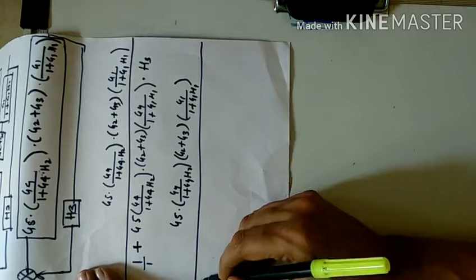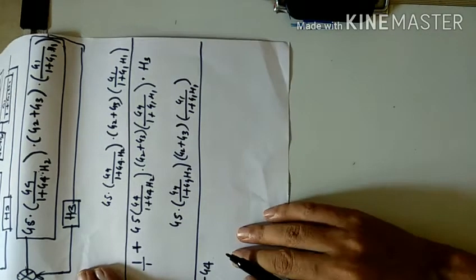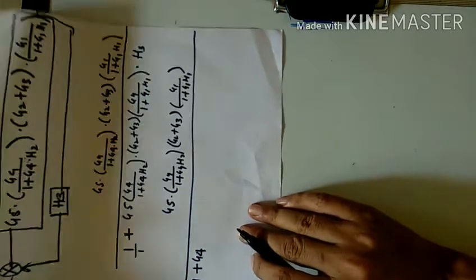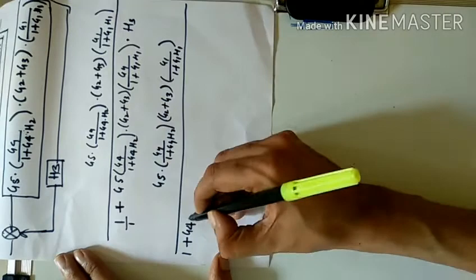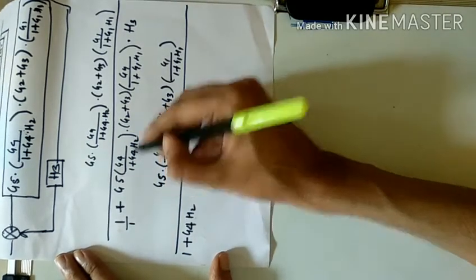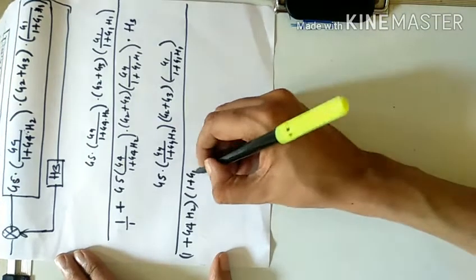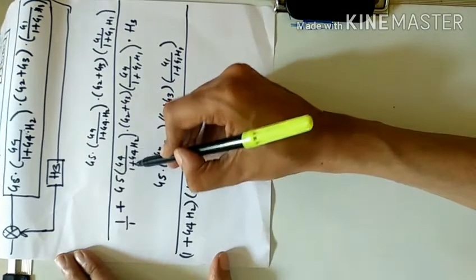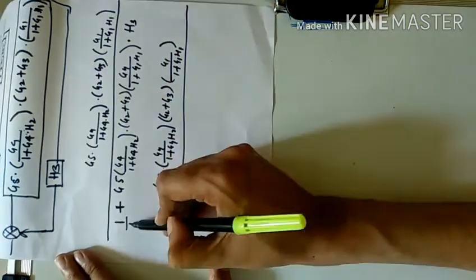This is the cross multiplication of the denominators 1 plus G4 H2 and 1 plus G1 H1.